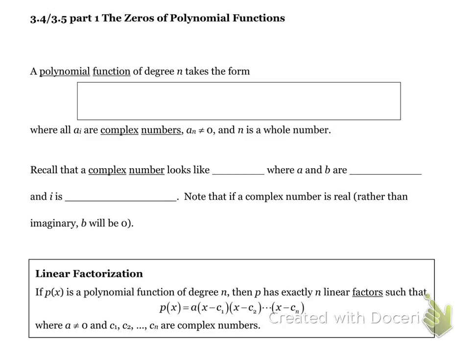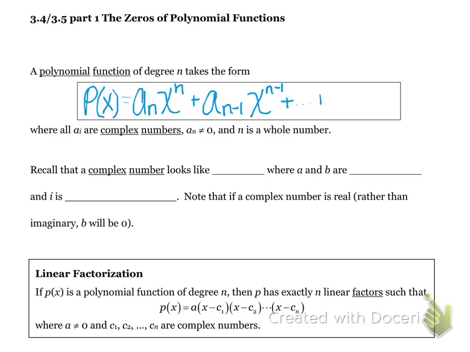3.4, 3.5, Part 1. The zeros of polynomial functions. A polynomial function of degree n takes the form p of x equals a sub n times x to the nth power plus a sub n minus 1 times x to the n minus 1 power.